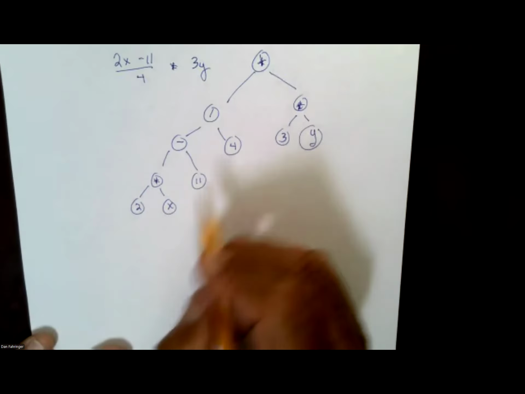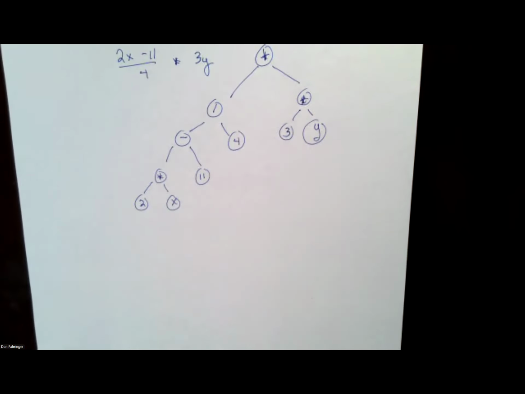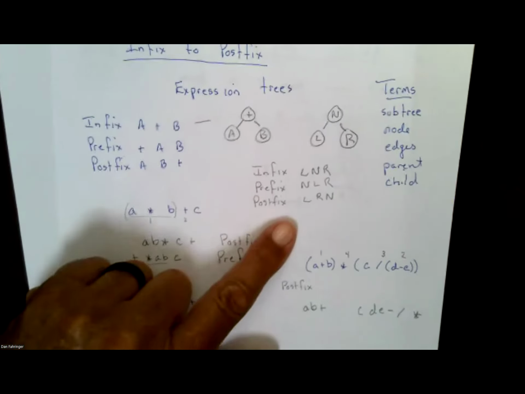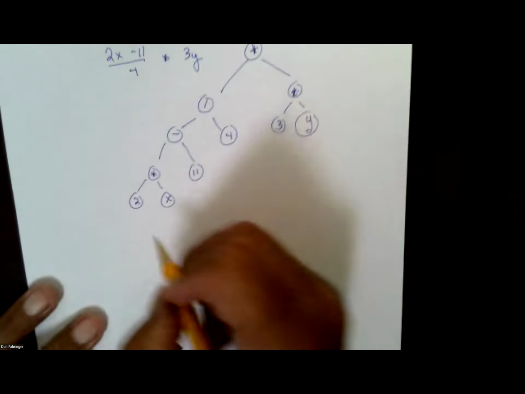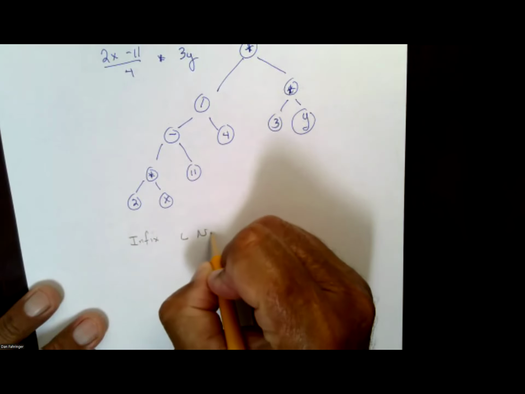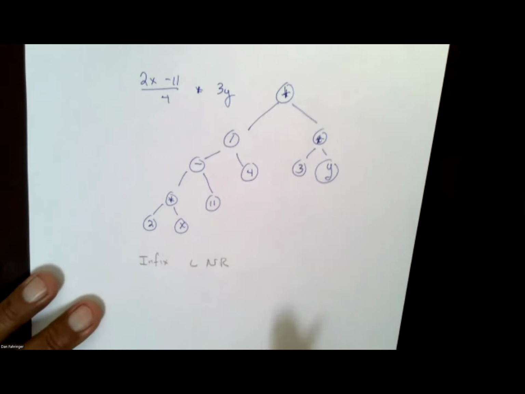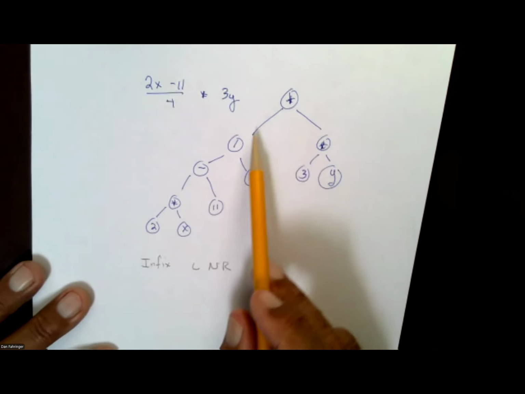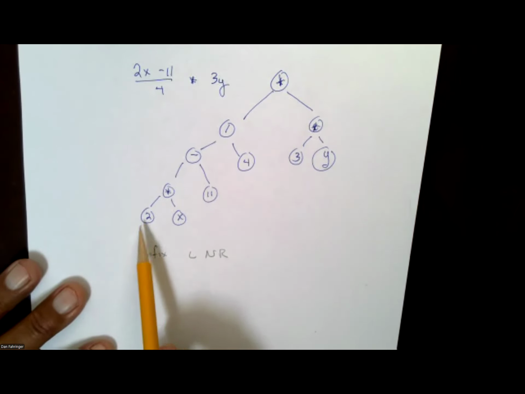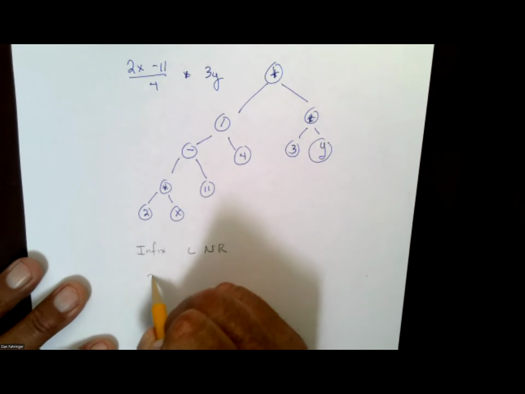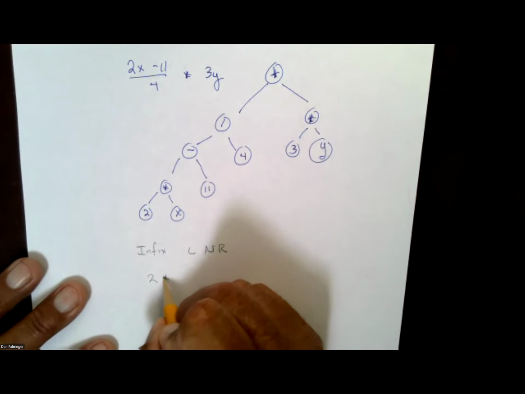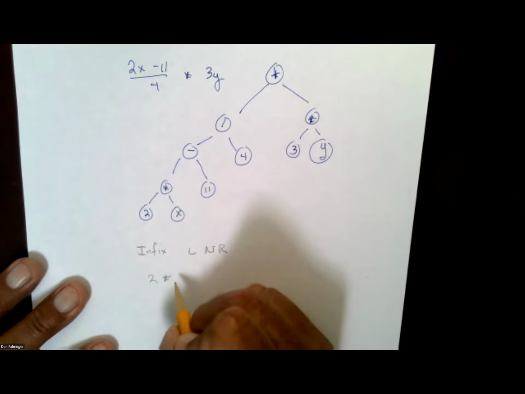Well, remember when I did a little bit of this over here, I said infix is left, node, right. So I'm going to take a look at this and go all the way to the left, which takes me down to the 2. Then I go back to its node, times, then to its right, x.